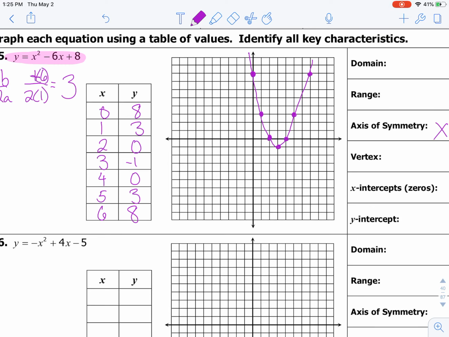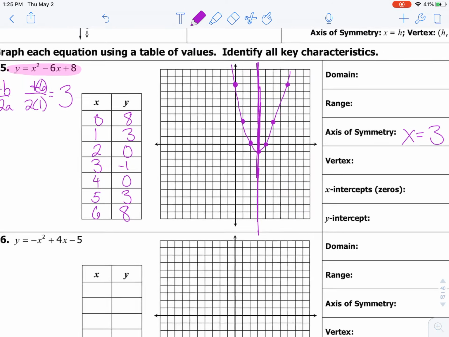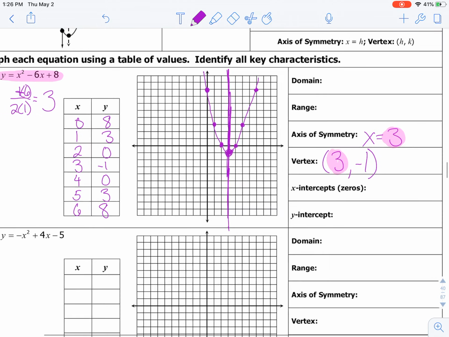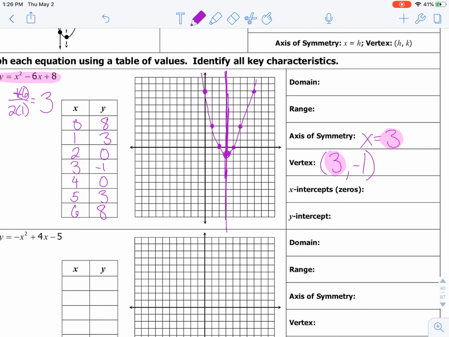We already said that our axis of symmetry was where x is equal to 3. So I can also go ahead and fill out my vertex. My vertex x should be the same as my axis of symmetry. So 3, comma, negative 1. That's where that point was, the bottom of it. My domain, which are my x numbers.